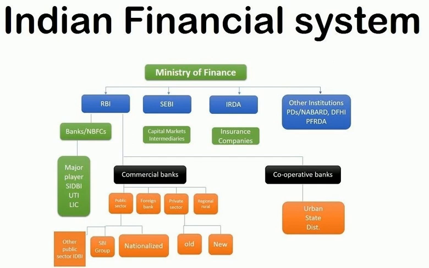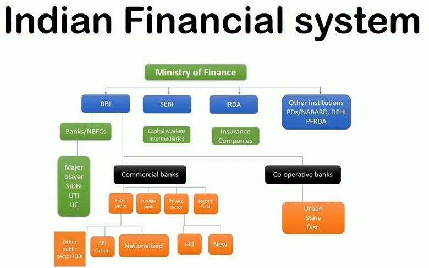Thus, there are mainly two types of financial market. First is money market and second is capital market. In money market, generally the financial transaction is for short term, less than 1 year.